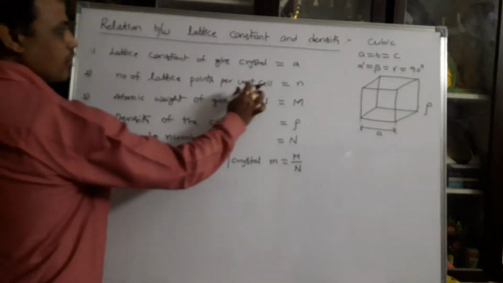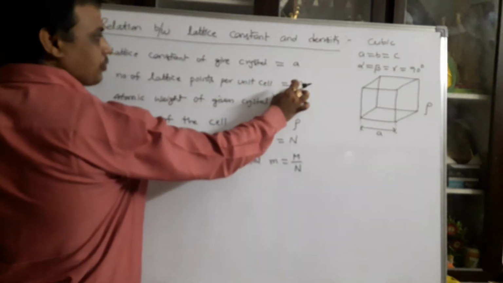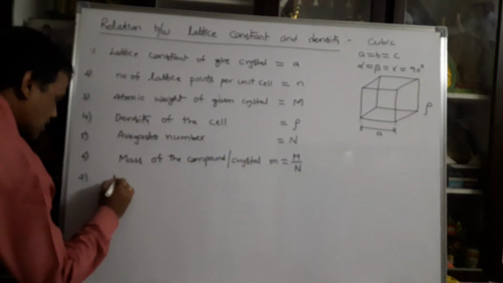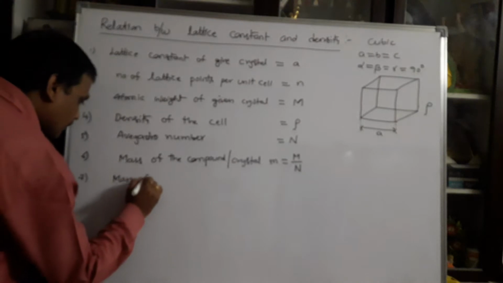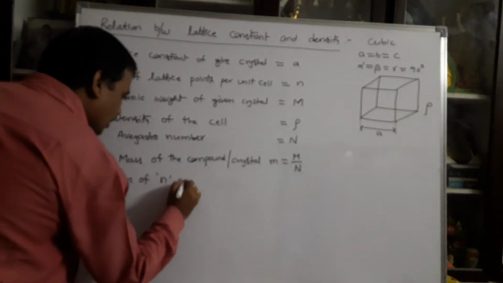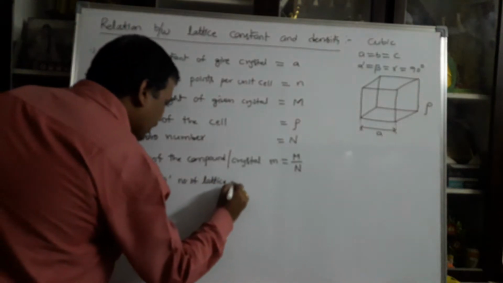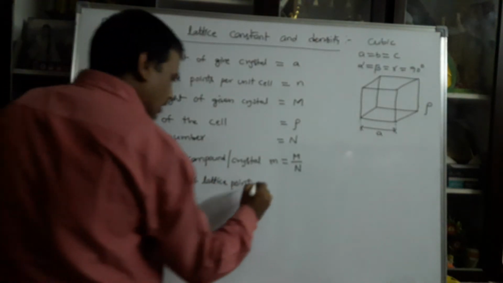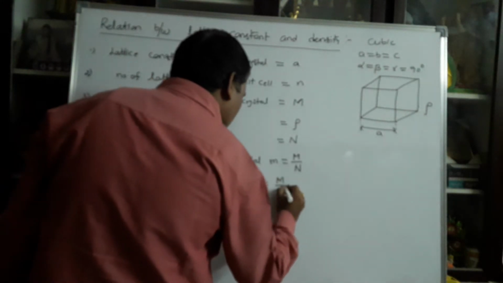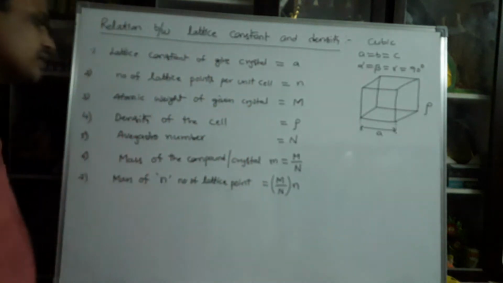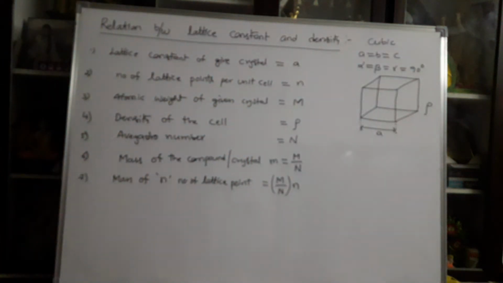Per unit cell, how many lattice points are there? n. For n number of lattice points, the mass is m by N, which is for a single atom, into n. That is the total mass of n number of lattice points.